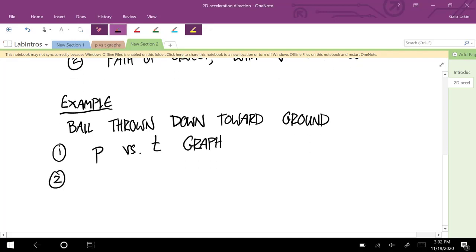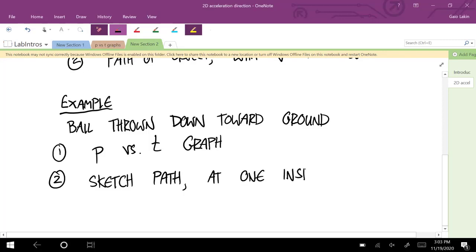And second, we want to sketch the path of the ball and at a single location along that path, that represents a single instant.